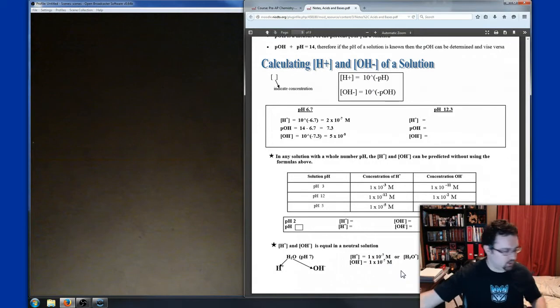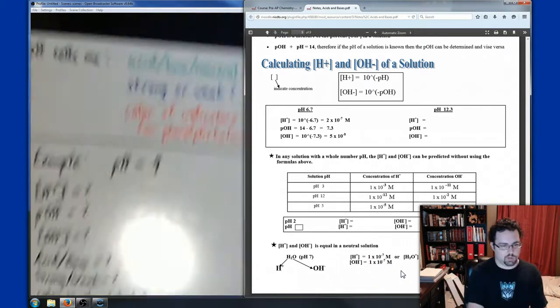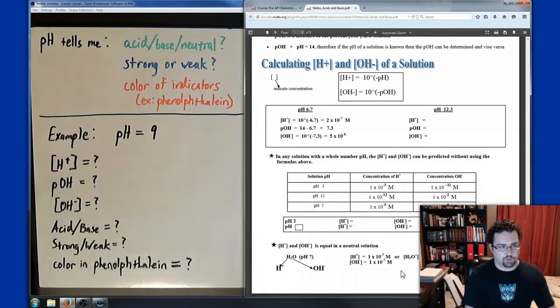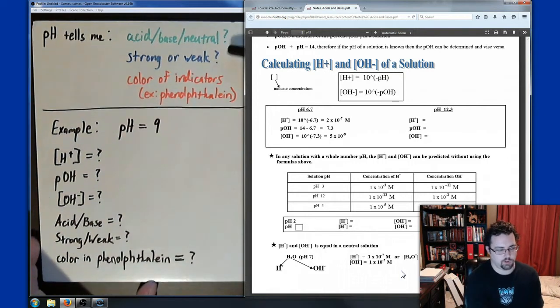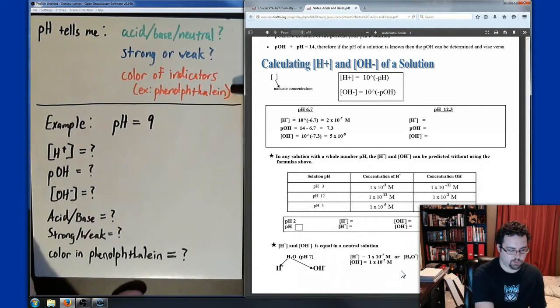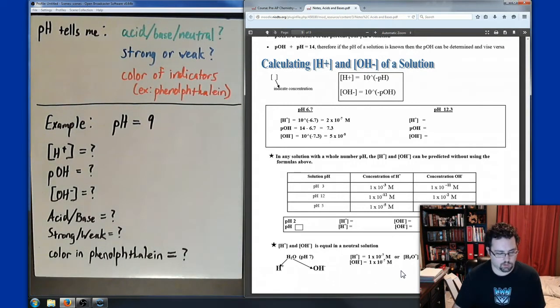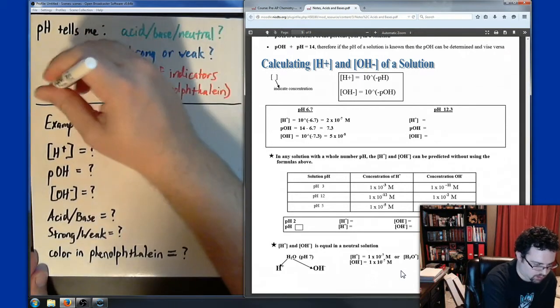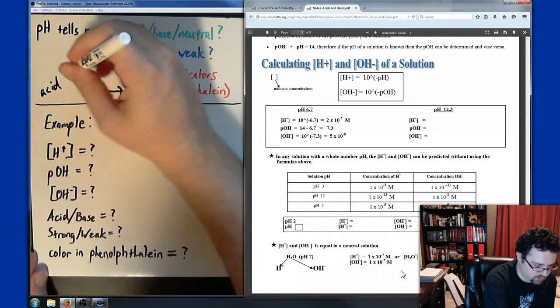So when you're doing these calculations, the pH can tell you a bunch of different things. pH will tell me if it's acid, base, or neutral. pH will also tell me, is it a strong base or a weak base, or a strong acid or a weak acid. Also, if you're using any indicators, like for example phenolphthalein, it'll tell you the color of the indicator. Phenolphthalein is the example that I'm going to use, and in an acid, it's going to be clear.